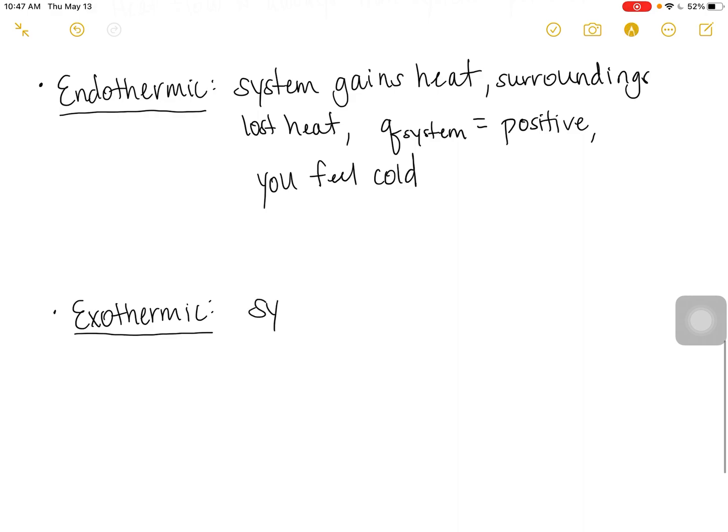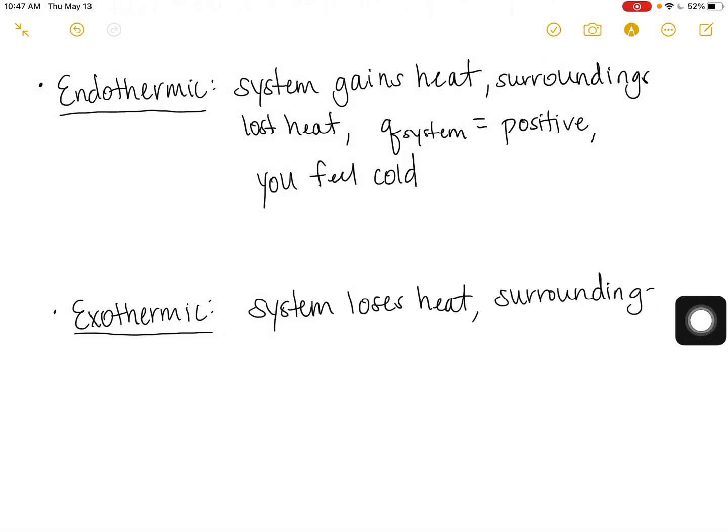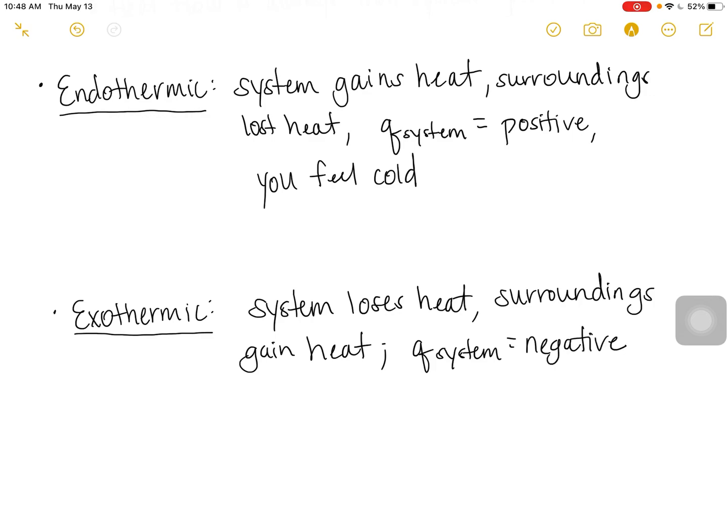And I'm sure you can guess that an exothermic reaction is exactly the opposite. In an exothermic reaction, the system loses the heat. The surroundings gain the heat. Q of the system in this case will be a negative value because heat is being released from the reaction.